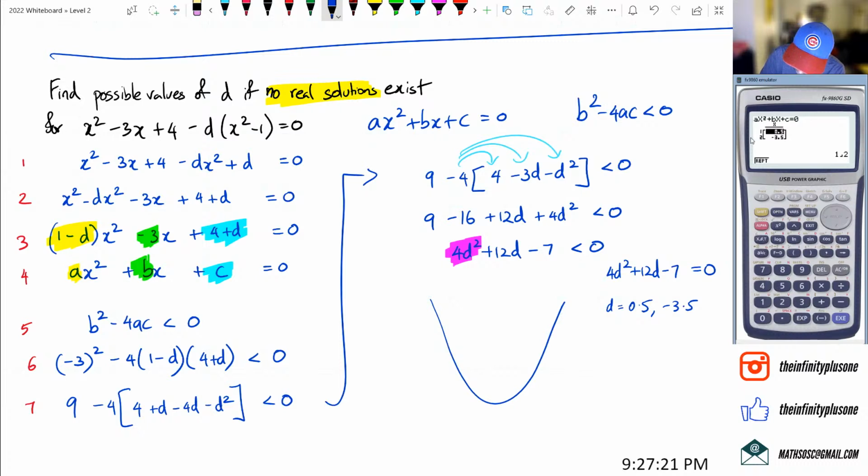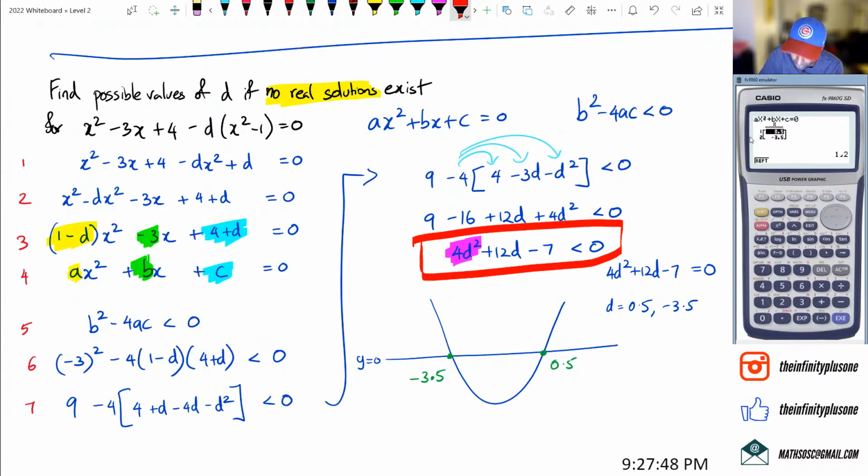Now what I can do is put a line like this and call this line y equals 0. Then I know the 2 points I'm looking at are -3.5 and 0.5. Negatives go on the left hand side, the biggest number comes on the right hand side, so that's all good. Now we're going to go back to this problem.